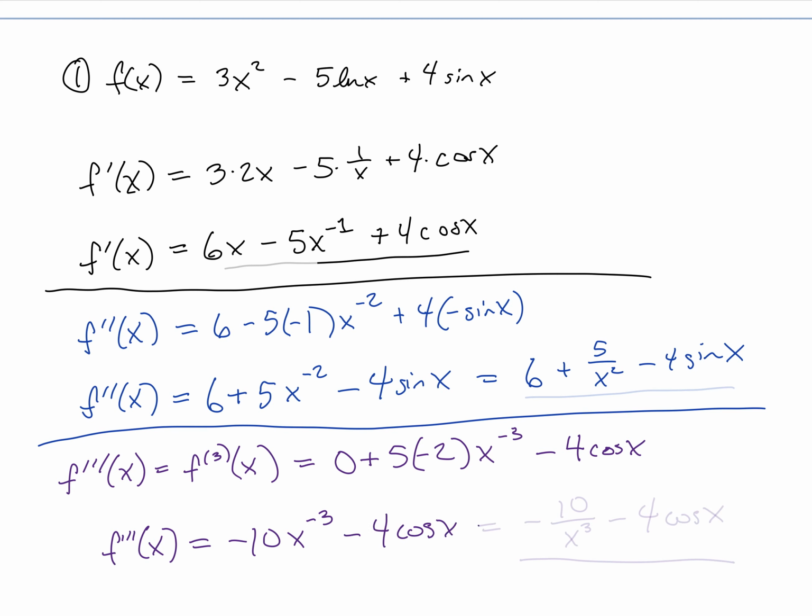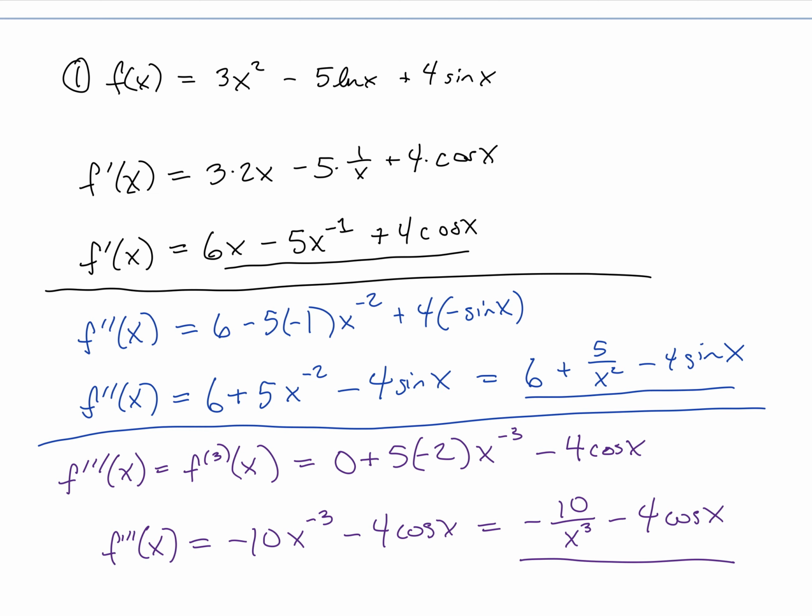And if we wish, we could rewrite that as negative 10 over x cubed minus 4 cosine x. So we've got our third derivative, our second derivative, and our first derivative.